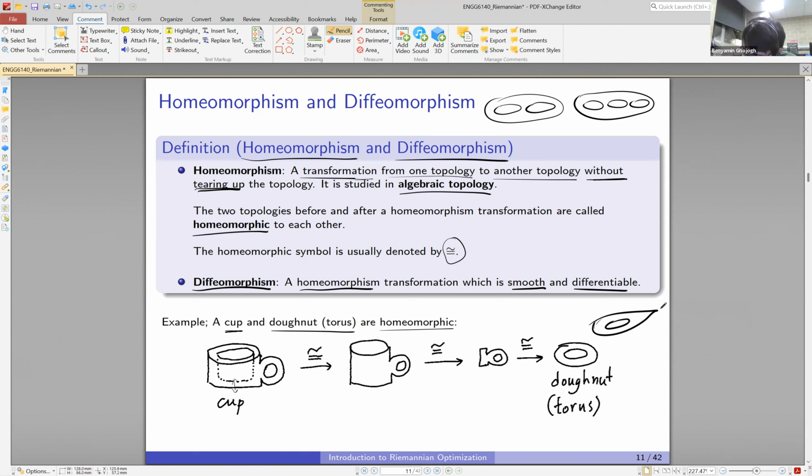This is not smooth at this point, right? It has a corner. A cup and this are actually homeomorphic because you can convert this to this. However, they are not diffeomorphic. They are not converted to each other by diffeomorphism because this is not differentiable anymore, not smooth anymore, right? Okay.